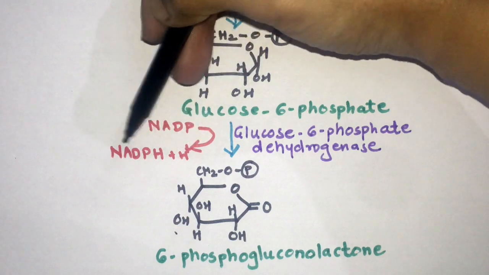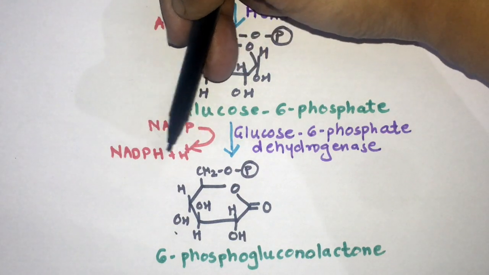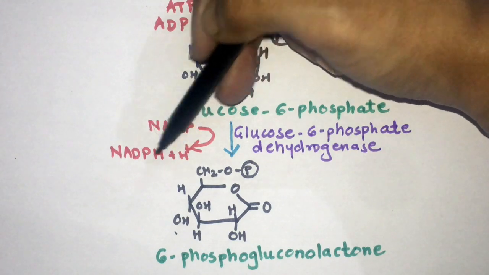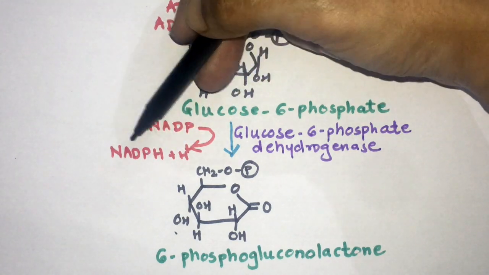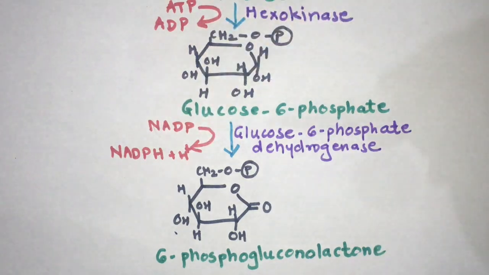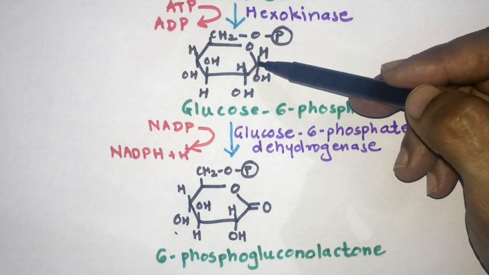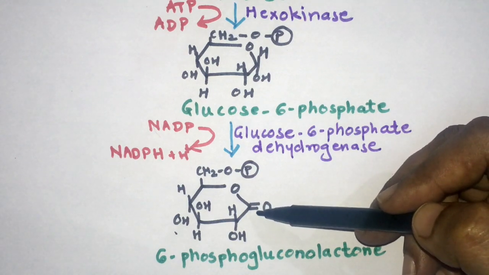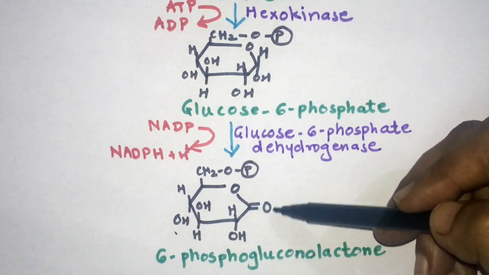NADP will get converted to NADPH plus H plus. This H is going to go and get connected to this NADP, which will get converted to NADPH plus H plus. And here there will be one carbon atom which is going to form a C double bond O.